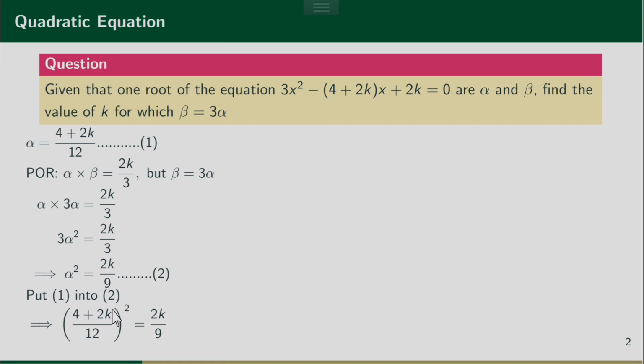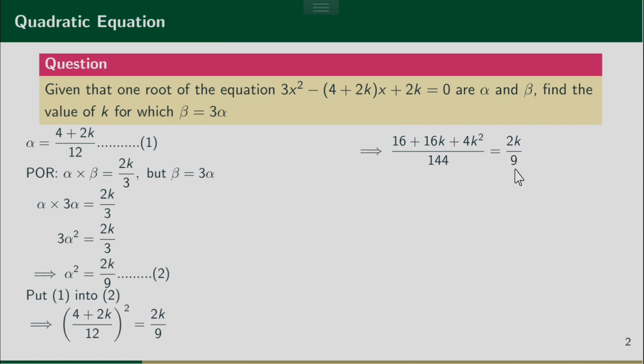So when I square, I obtain 16 plus 16k plus 4k squared divided by, this square also affects the denominator, and 12 squared is 144. Is equal to 2k divided by 9. At this juncture, I can cross multiply in order to eliminate the denominators.